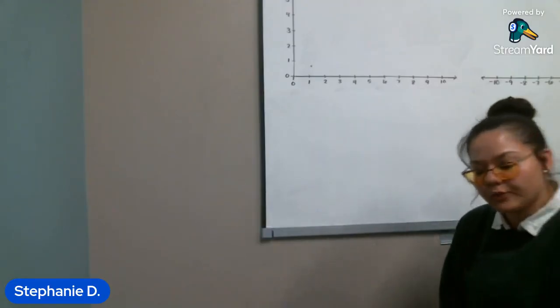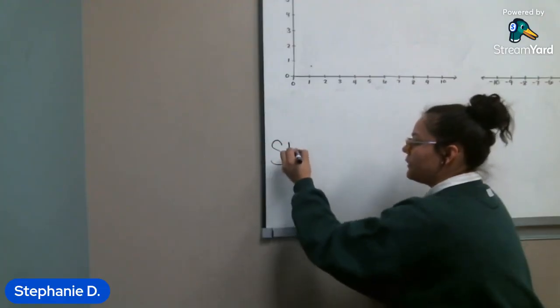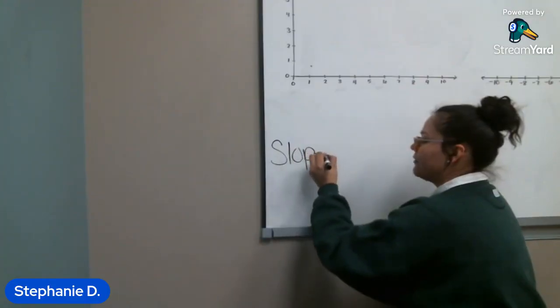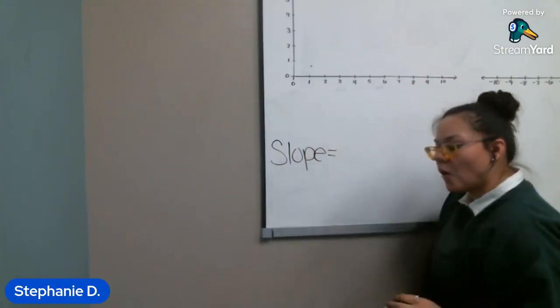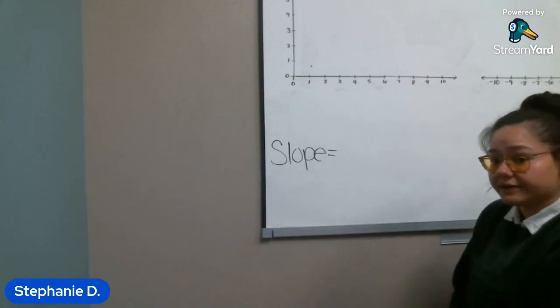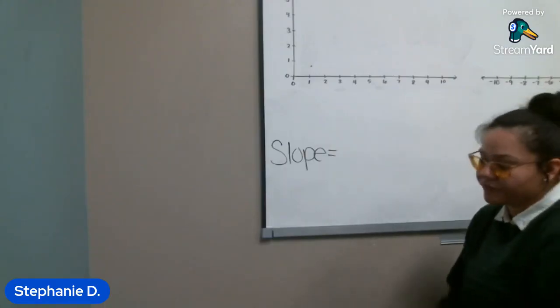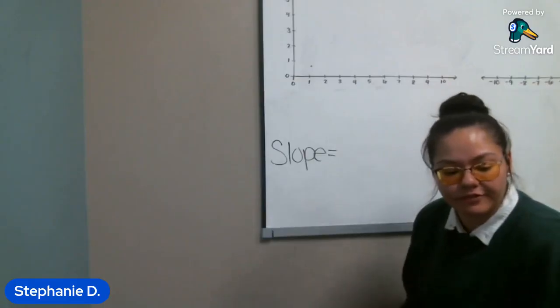Okay, so whenever we're looking at slope, we already saw what it can be: positive, negative, 0, or even undefined. And we have a formula that shows you the difference.